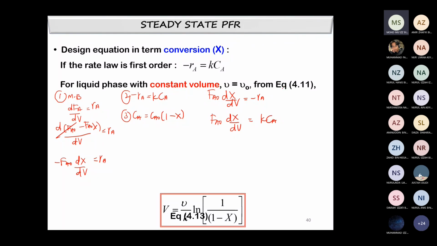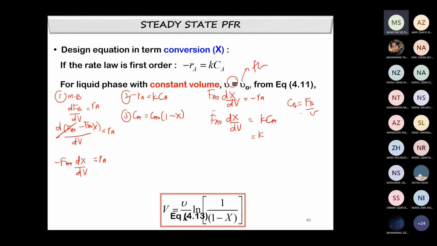You boleh terus buat in term of liquid phase ni dalam bentuk flow. So kalau boleh try to change this CA jadikan dalam bentuk flow. Remember CA is equal to FA over V.